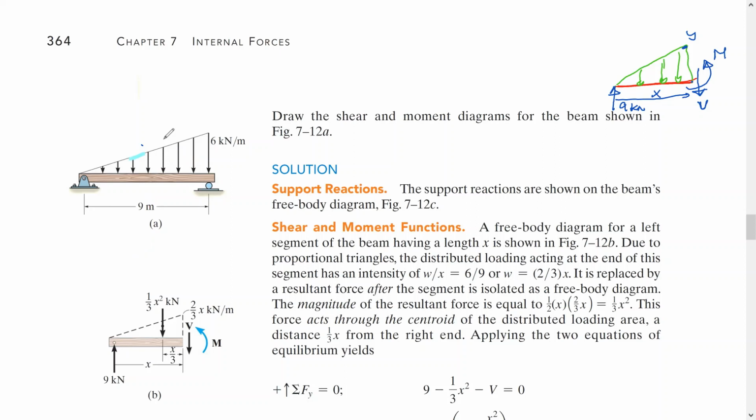Okay. I think we're done. So here, guys, if we take a section, let's say here, this is the smaller triangle, and with a different color, this is the large triangle.